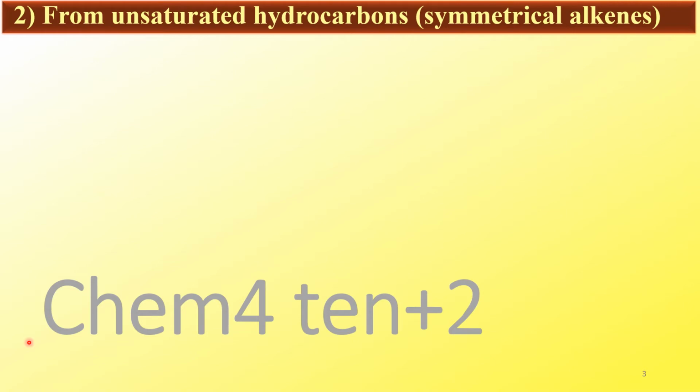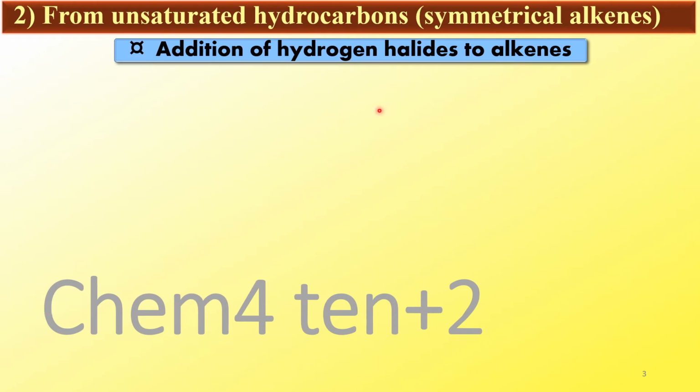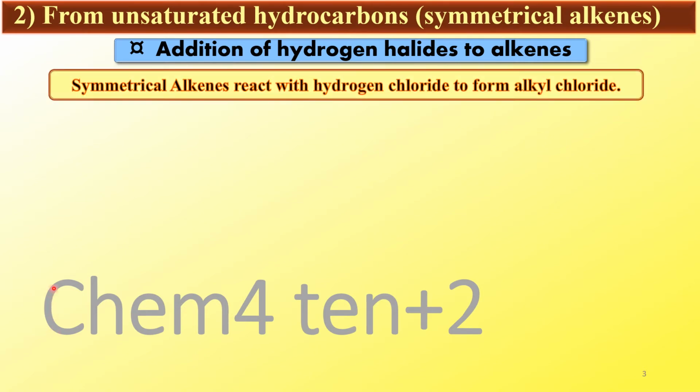Such alkenes are said to be symmetrical alkenes. Let's begin with the reaction. Addition of hydrogen halides to alkenes. Here, symmetrical alkenes react with hydrogen chloride to form alkyl chloride.